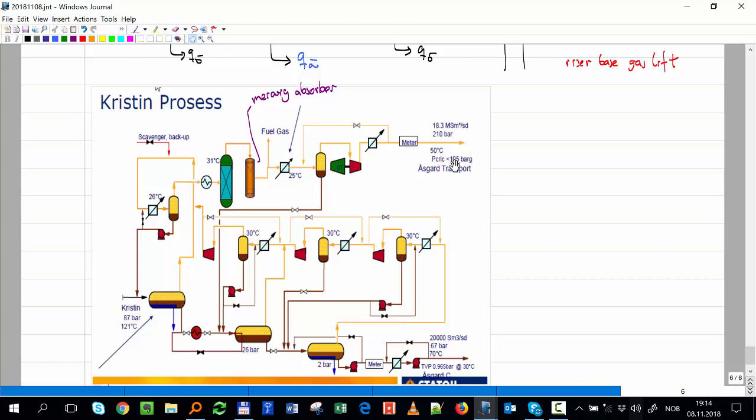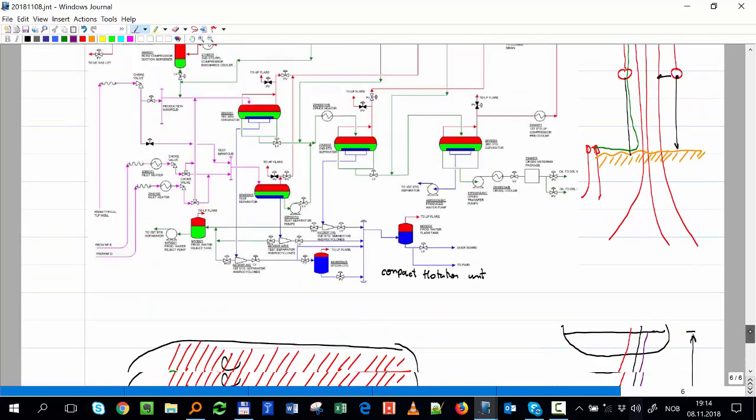Sometimes in this case we have some conditioning. We are extracting some undesired components from the gas. But it's slightly simpler than hydrogen.